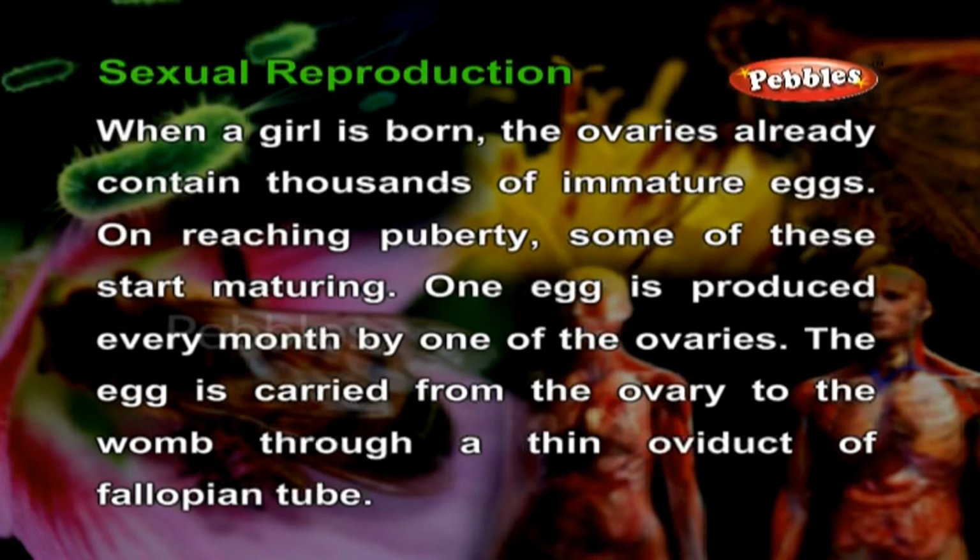On reaching puberty, some of these start maturing. One egg is produced every month by one of the ovaries. The egg is carried from the ovary to the womb through a thin oviduct or fallopian tube. The two oviducts unite into an elastic bag-like structure known as the uterus. The uterus opens into the vagina through the cervix.